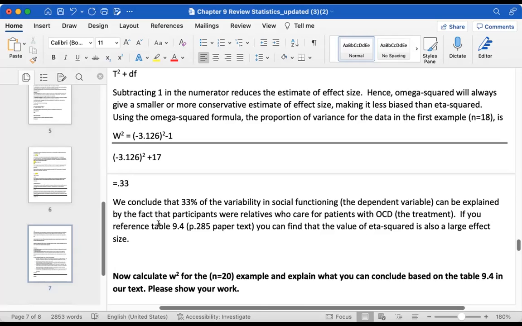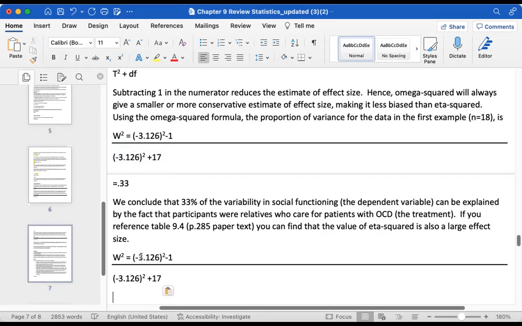So the next one is to do it with N equals 20. You should have the t obtained value from before, 3.90 squared minus 1, divided by 3.90 squared plus 19. Then do lots of brackets, and you'll have your answer. Do you want me to set it up for you?